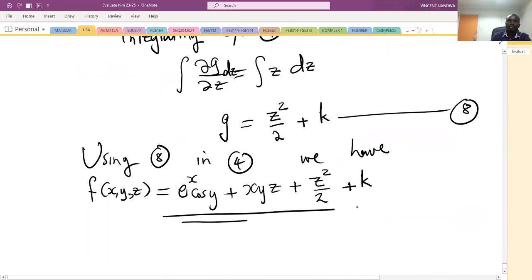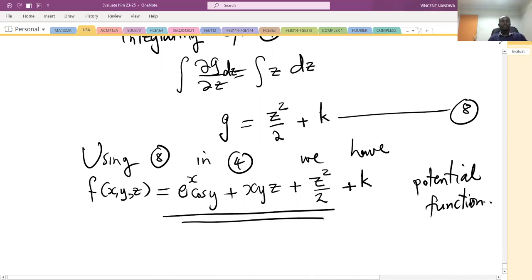So this is the potential function for that given vector field. So that's how we solve that given problem. So thank you, and let's meet in the next class.